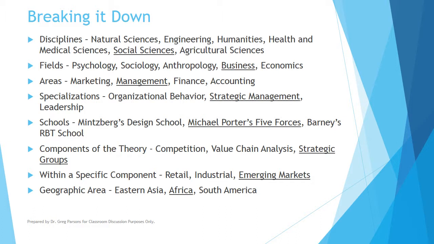So then you get down to a geographic area. So you're going to be working with Porter's theories of strategic groups within emerging markets in Africa. At that point, you are probably narrow enough that you're going to be able to control the literature that you're going to be able to look at, and you're going to come up with something that's fairly specific and doable.